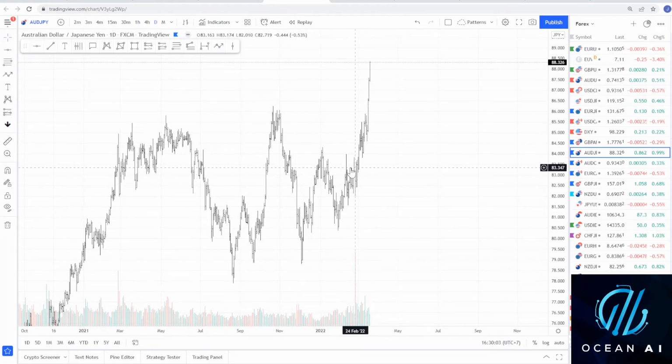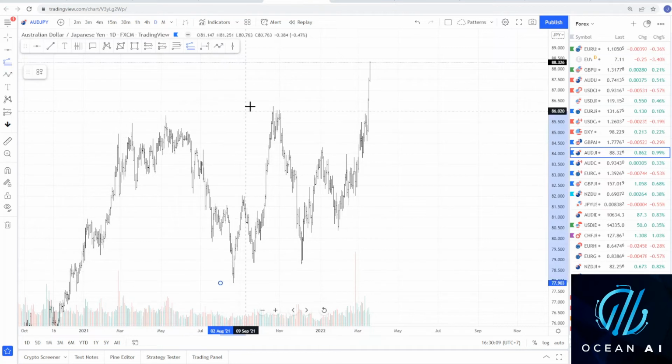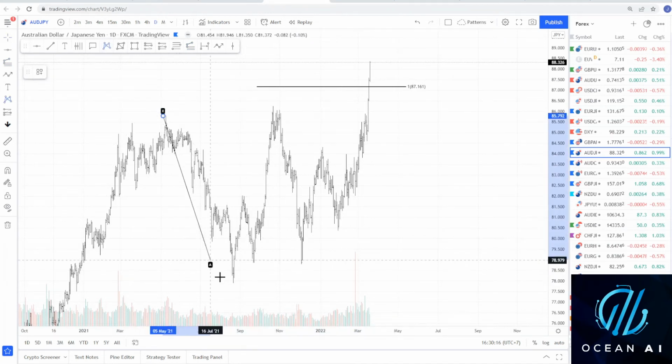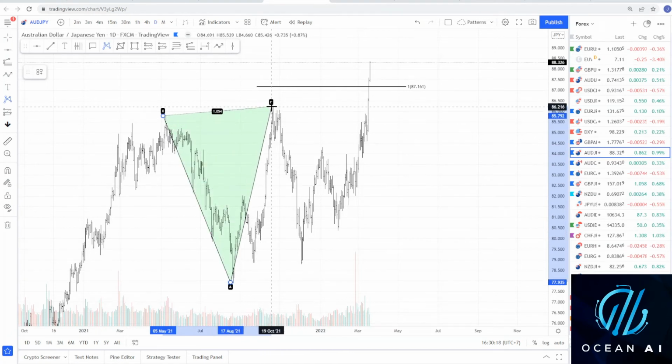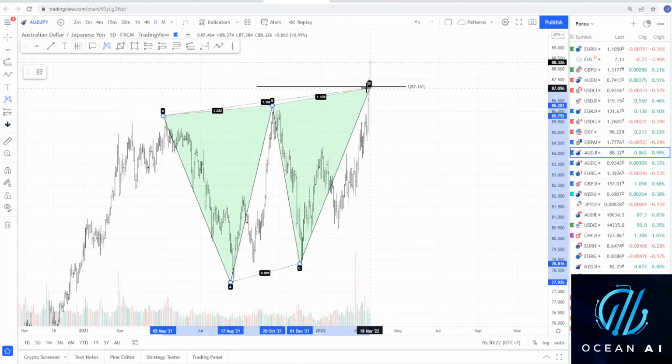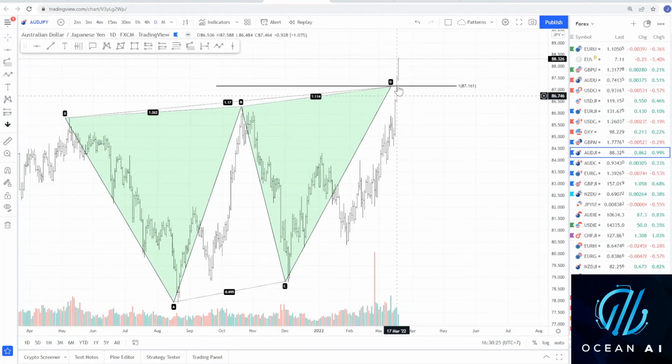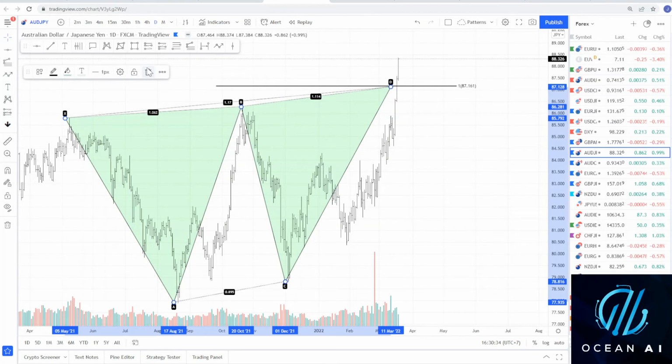So another one I was looking for on Friday was this here, which was setting up. See how nice for a nice 3 drive here. So 3 drive into a top. But what we did have is we had these big bars coming up into the level. So I didn't bother trying to short that. I just want to look at where it's going to go from here.